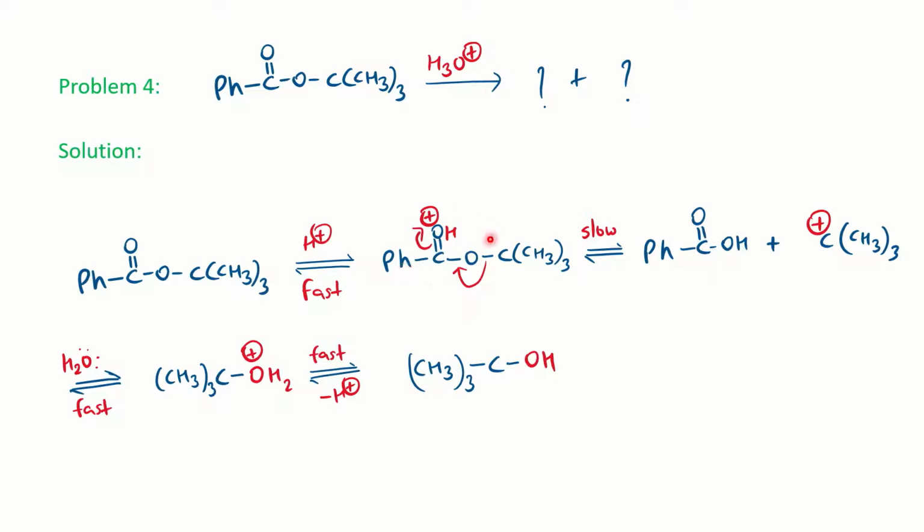Since the rate determining step is involved only in the concentration of substrate, it is the unimolecular. So the mechanism is acid catalyzed alkyl cleavage unimolecular SN1 mechanism. Formation of carbocation proves that the mechanism goes through with SN1 mechanism.